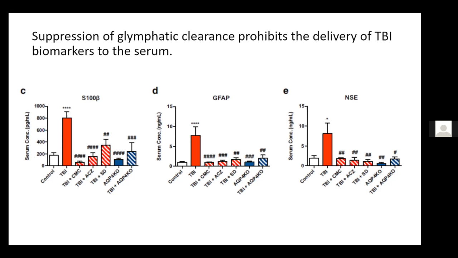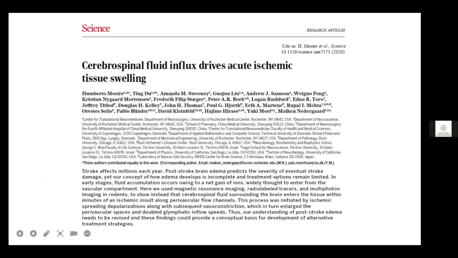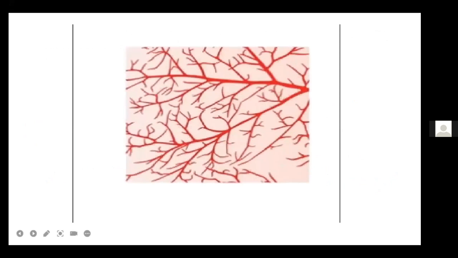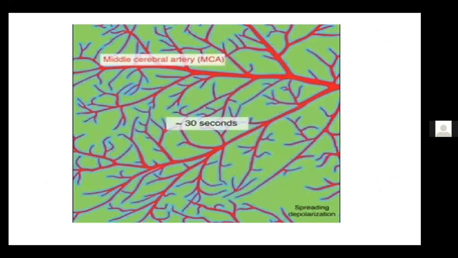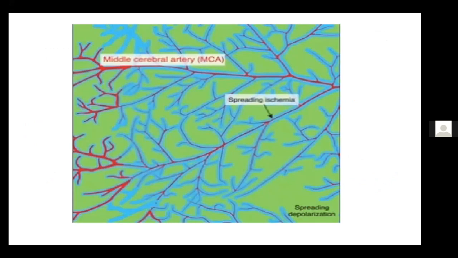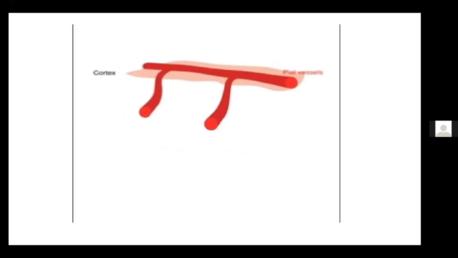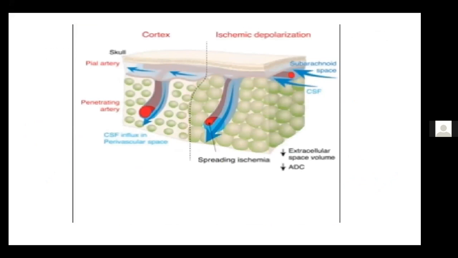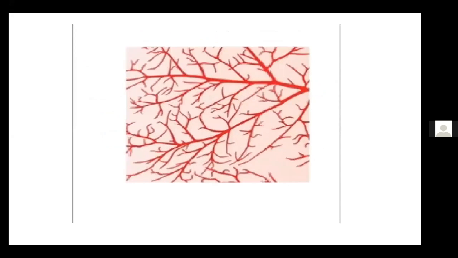And cerebral influx. This is a new paper from last year: cerebrospinal fluid influx drives acute ischemic tissue swelling. When there is a middle cerebral artery infarction, the perivascular space is enlarged and then becomes edema.